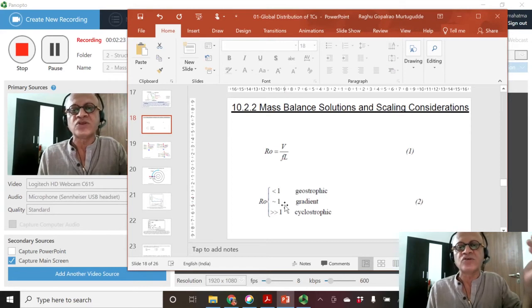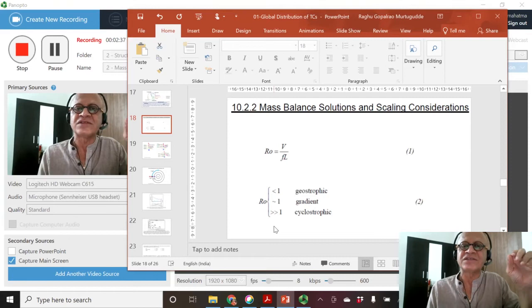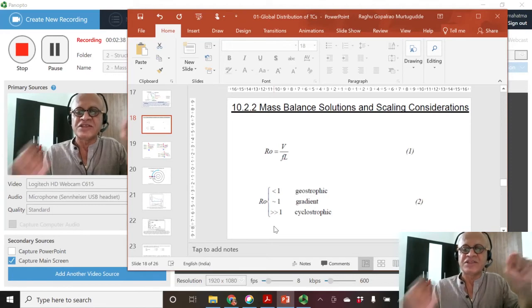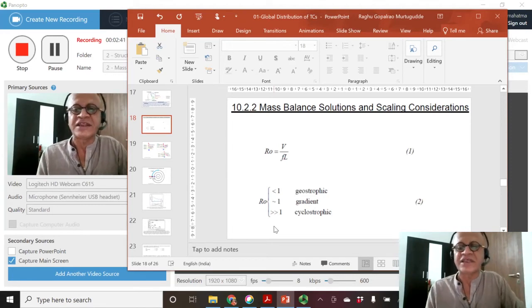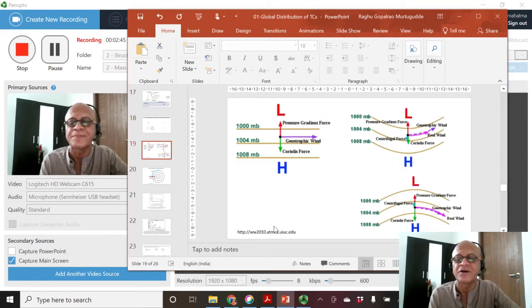If it is close to 1, then it becomes the gradient wind balance that we just looked at. We will look at it again. And if the Rossby number is much greater than 1, then we get into what is called cyclostrophic balance, where the pressure gradient and the centrifugal force can balance, and the Coriolis is much smaller in that case.